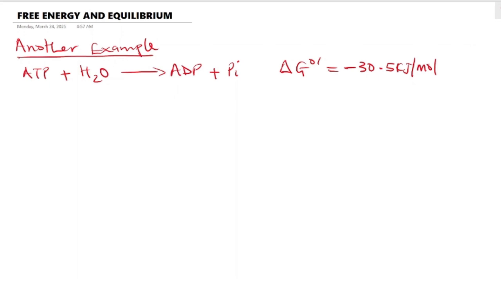So we have again rewriting this, we have ATP.